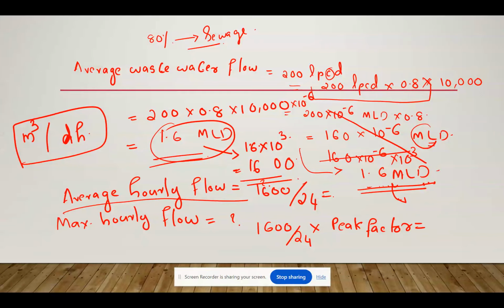So this value, got it? Anyone got this answer?